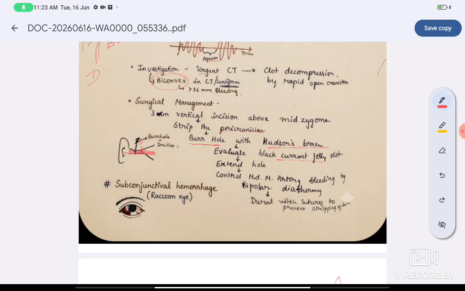Then you have to extend the hole, and you have to control the bleed from the source, which is the middle meningeal artery, by bipolar diathermy. Bipolar diathermy is a form of coagulation instrument. You use heat to coagulate and stop bleeding. Then you have to apply sutures to prevent the stripping of the dura mater.